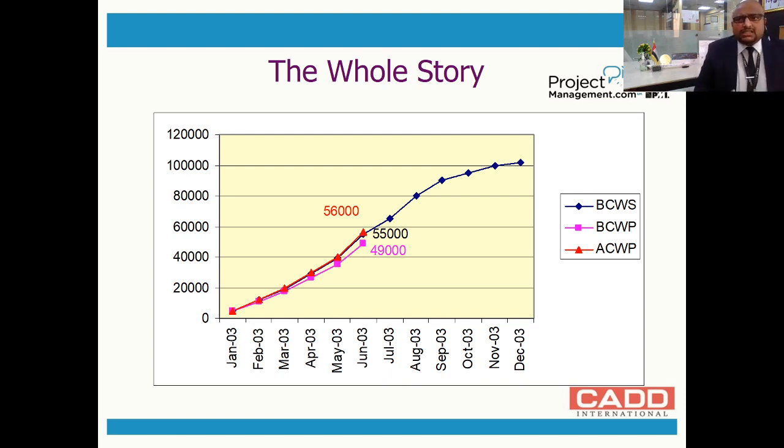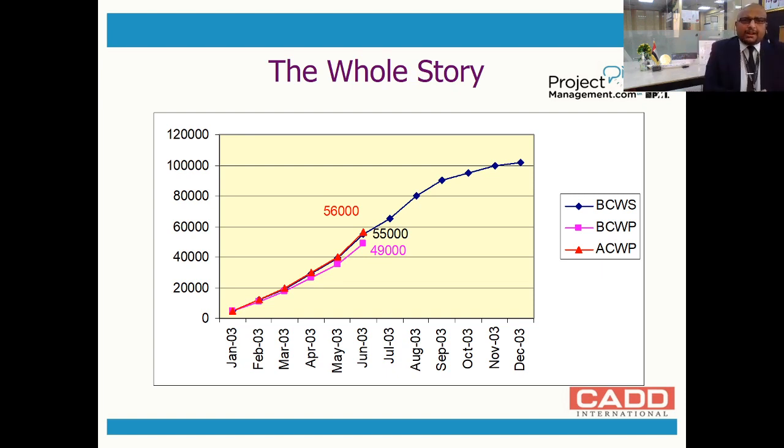That is, the percentage of work completed is slightly less than what I imagined, but I have overspent also. So irrespective of the whole story and all the units used, you are just getting these three variables.